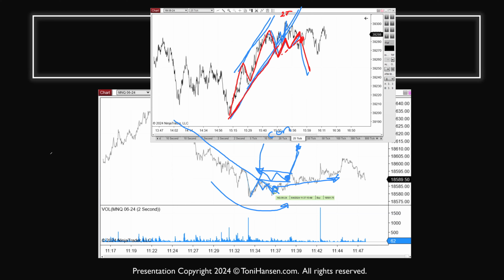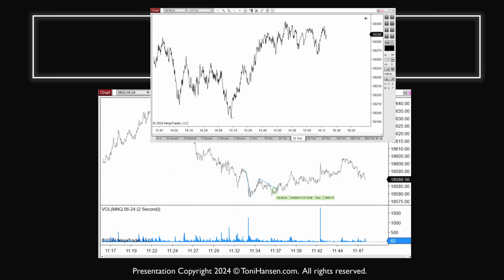So ideally for a 2T, what we would want to see would be a little bit of a cleaner break. And then when it does the two waves to the high, it has a little bit of a change in that momentum. So you have the stronger move here and then a weaker move here. That's going to help that reversal go into developing momentum.